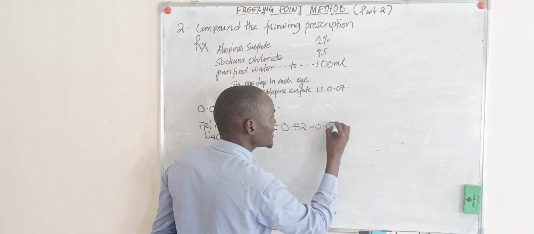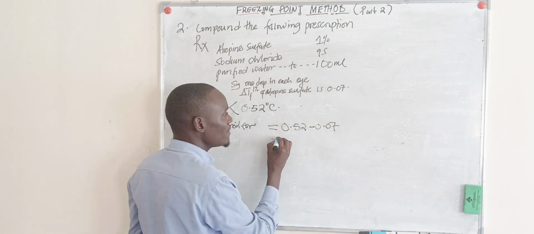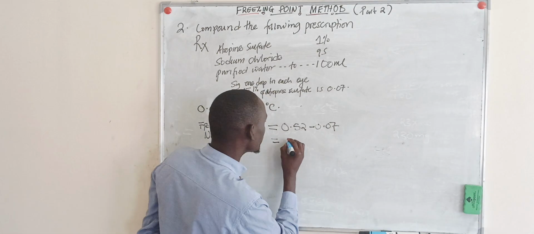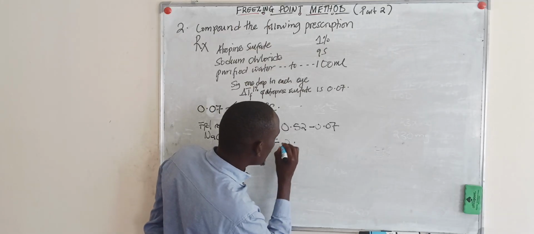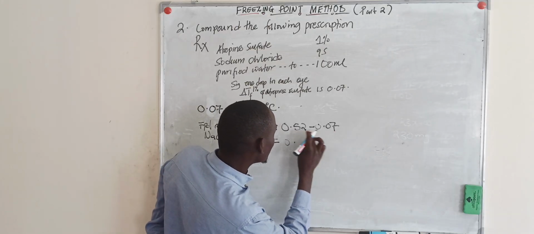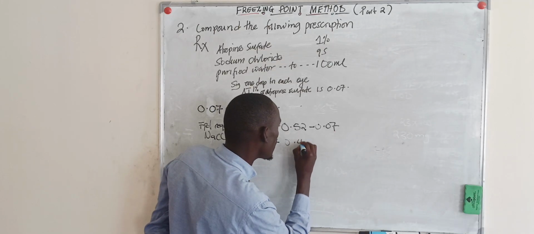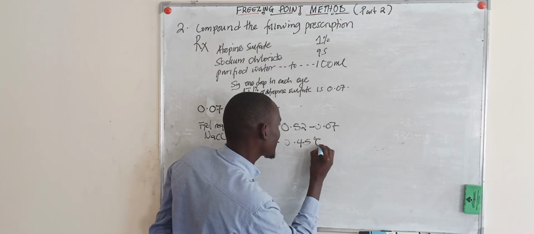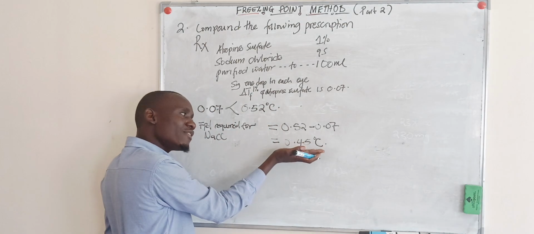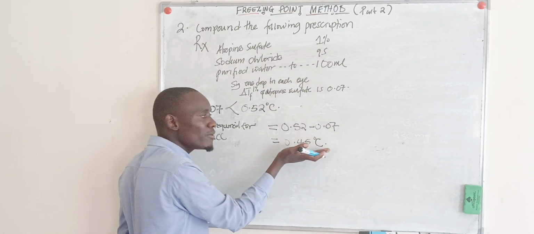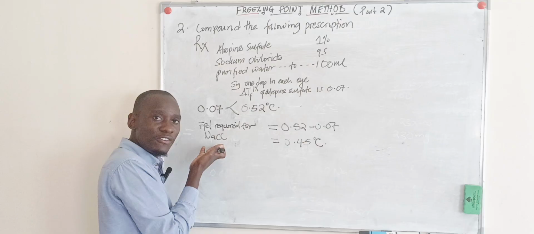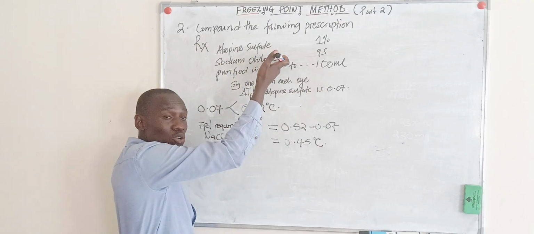So 0.52 minus 0.07, we shall get 0.45 degrees C. So this is the freezing point depression, or the remainder, which should be provided by our isotonicity modifier, which in this case is sodium chloride.